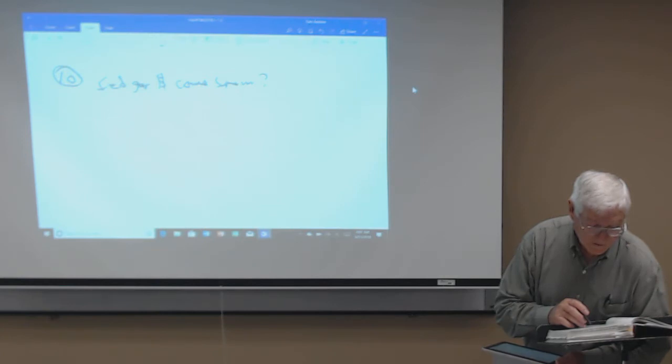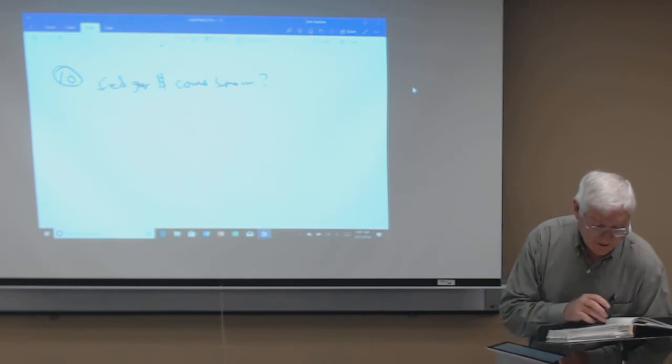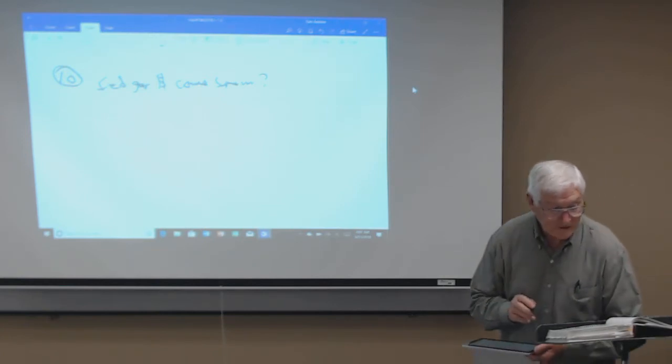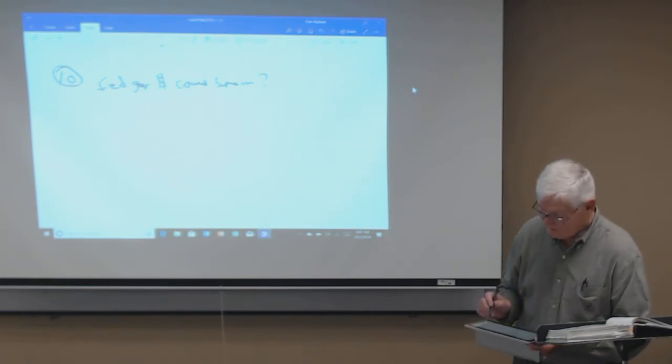Individual income taxes, 48%. That great big green section is individual income taxes.